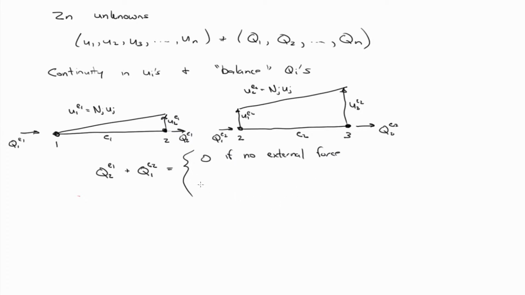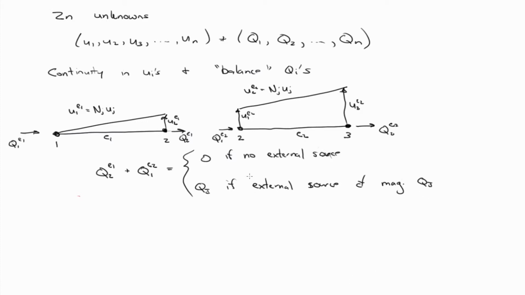is applied. Otherwise, it's going to equal QI if an external, I said force, but that sort of implies we're talking mechanics. Let's just say source to be more general. Could be a force or a flux. So it's going to equal QI if there's an external source of magnitude QI.